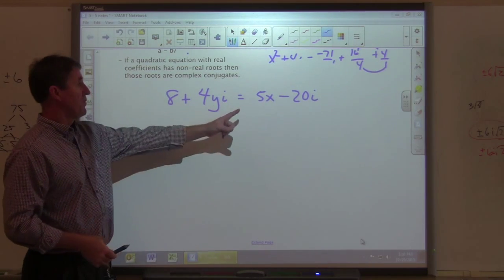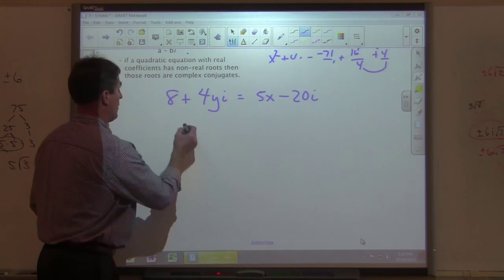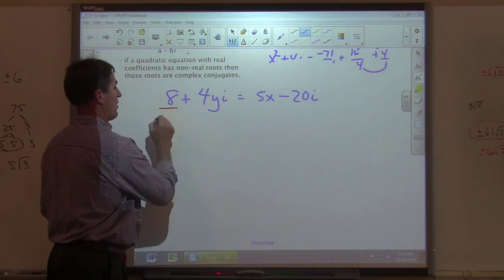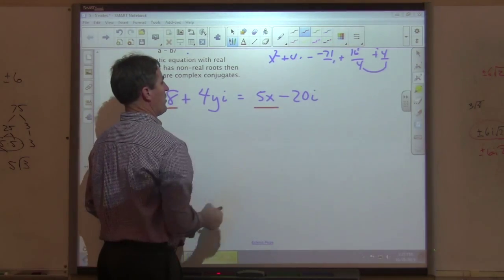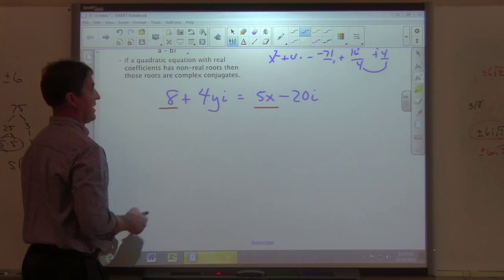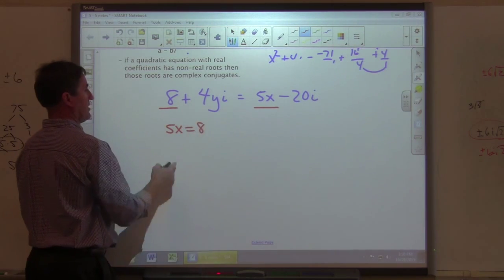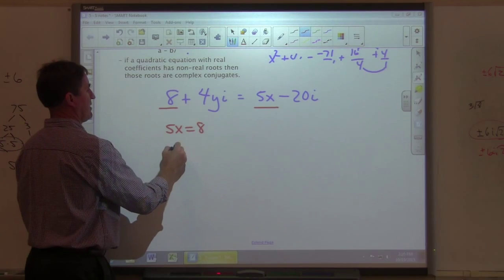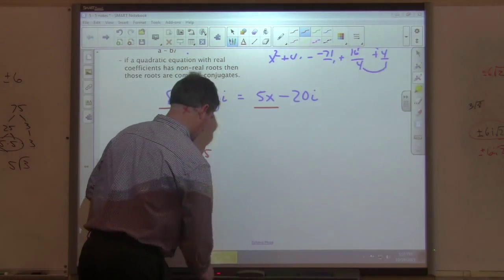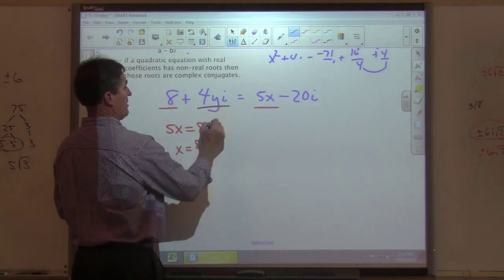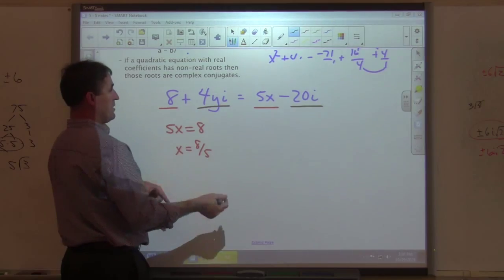Now it seems confusing when you look at this, but here's what you want to remember. We have a real part, and the real part is the part without the i. So the real part on this side is 8, and the real part on that side is 5x. And so that tells me those have to equal each other. So now we just divide by 5, so x equals 8/5.